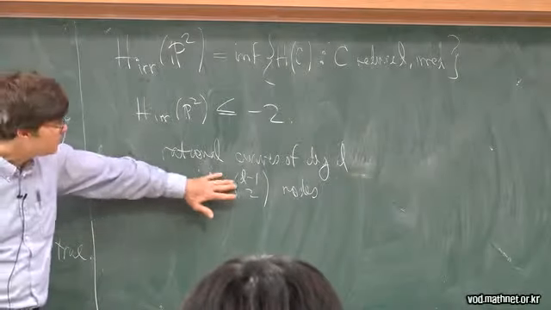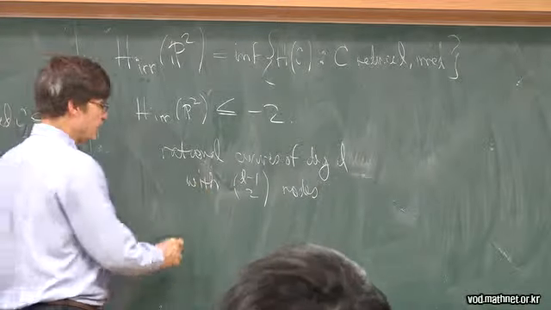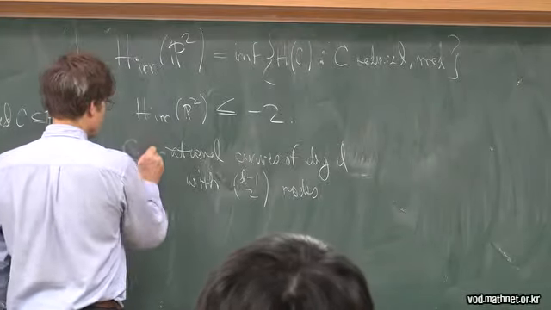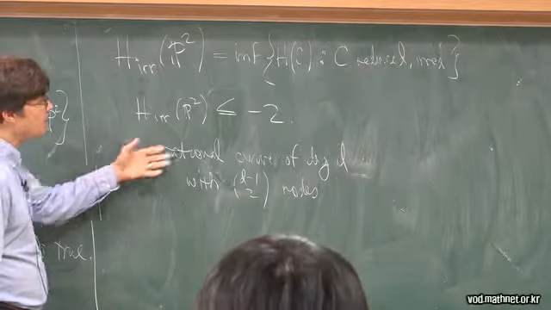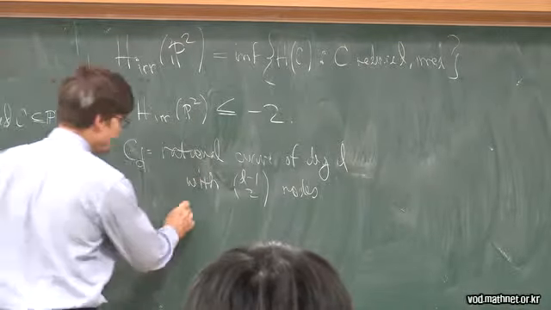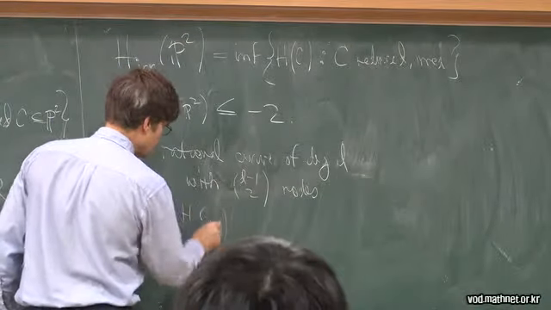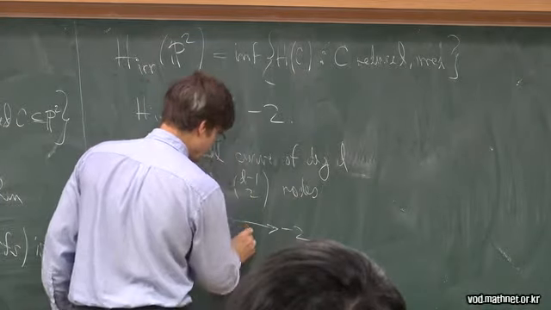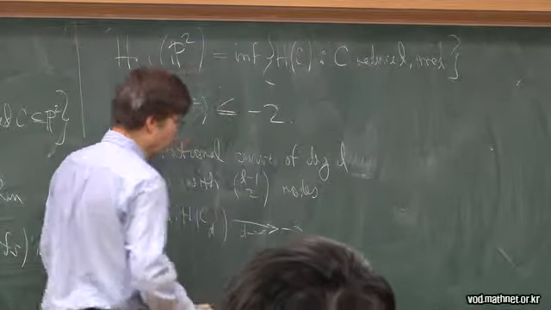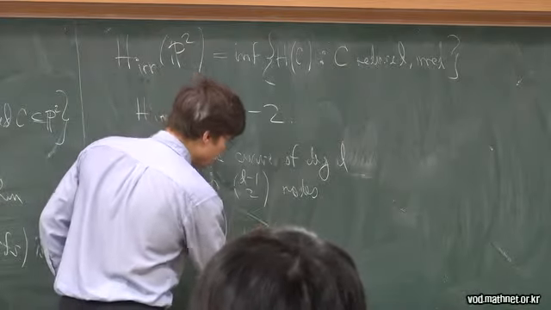If you look at that for arbitrary D, then what you get, if I let C sub D be one of those rational curves, then the H constant goes to -2 as D goes to infinity. But it goes to -2 from above.